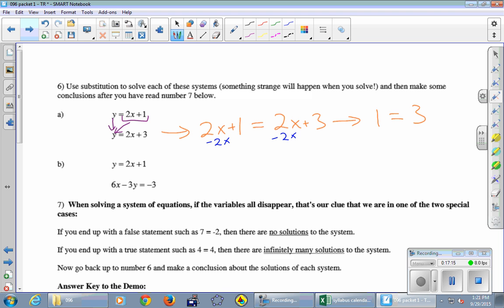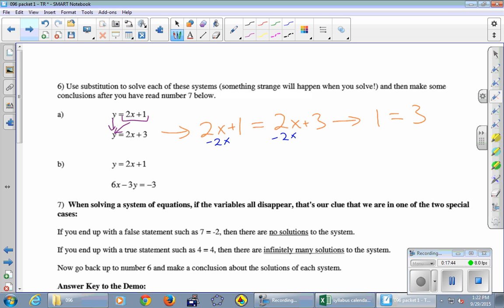If you get a funny thing like that, where all the variables disappeared, that's your cue that we're in one of our two special cases, which is either parallel lines or the same line twice. If you get a ridiculous equation like 1 equals 3 that is obviously false, which one do you think you're in? We're in the parallel case, because 1 equals 3 has no solutions. It just isn't true. And so we're in that parallel case where there are no solutions.